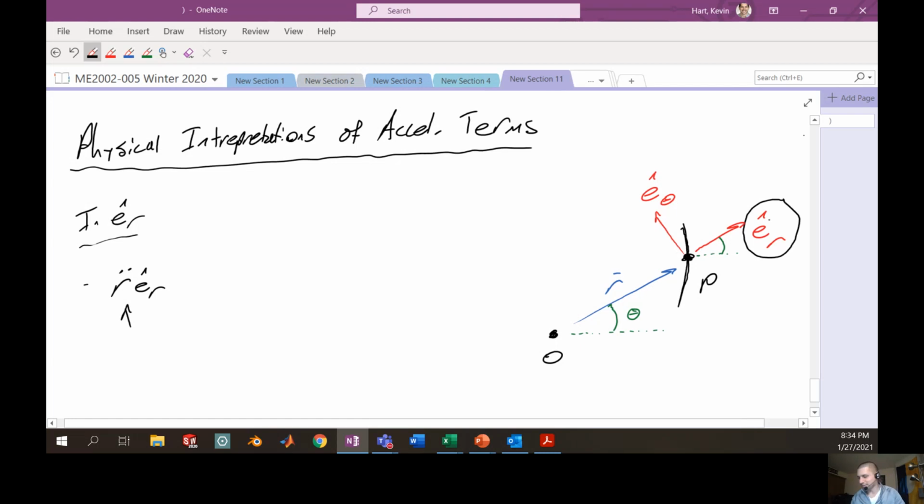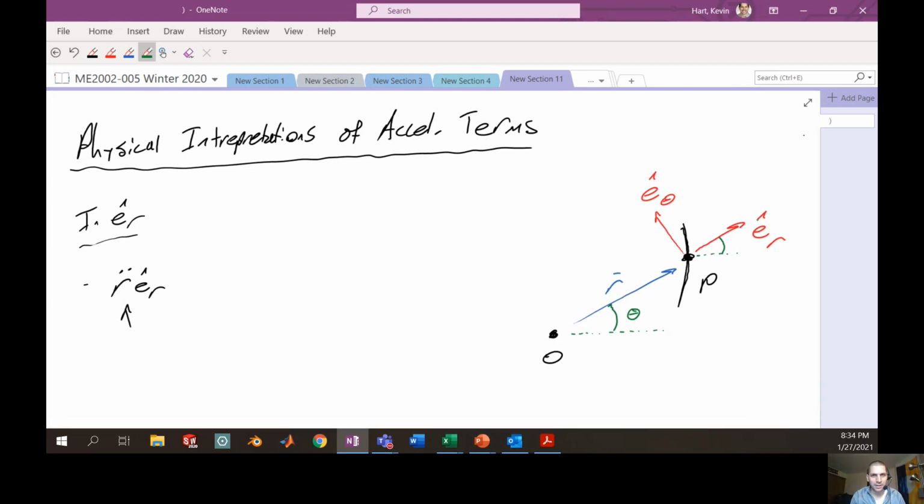So more or less what this term is telling me, at this particular snapshot in time, is how much this particle is accelerating either inward or outward along e hat r, just strictly moving or accelerating in that direction.